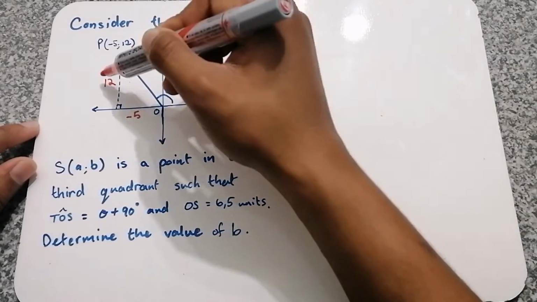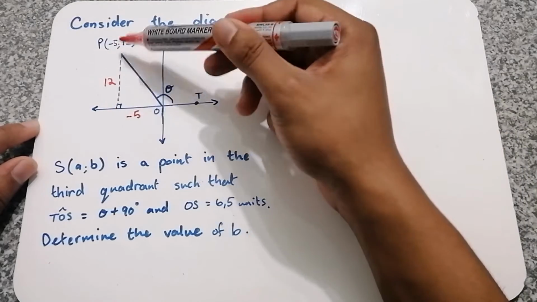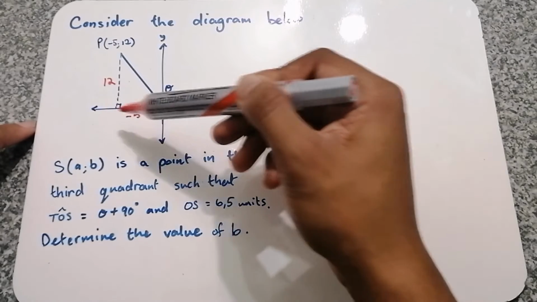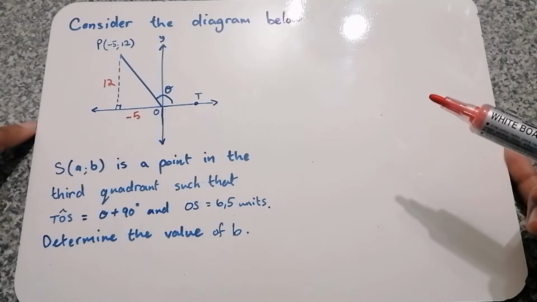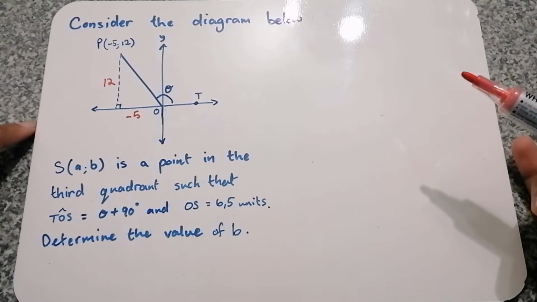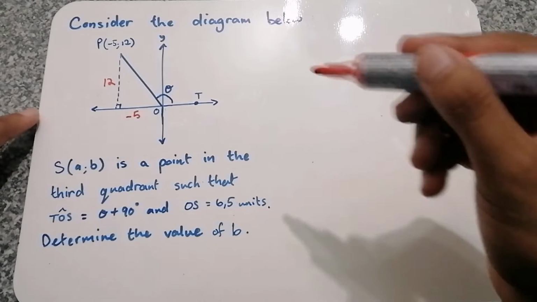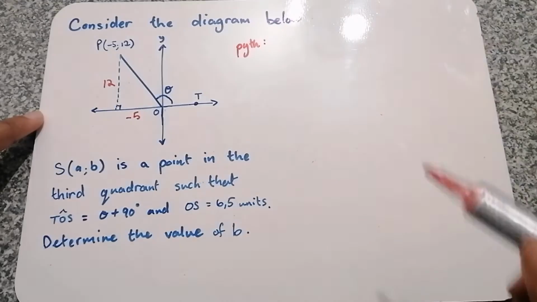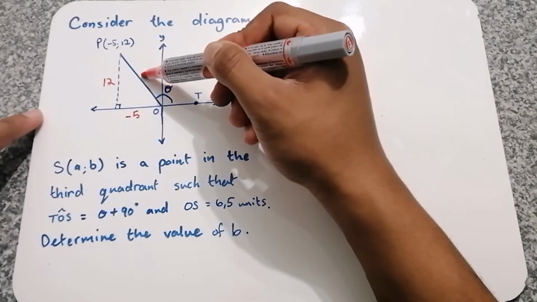We can fill that in on this Cartesian plane. So the opposite, or the y length of this triangle, will be 12, and the adjacent and the x length will be -5. Now to work out the length of the radius, we could do some Pythagoras. So let's say that the hypotenuse is r.